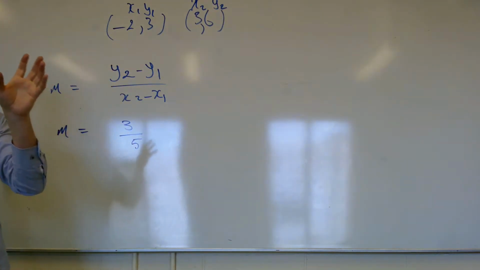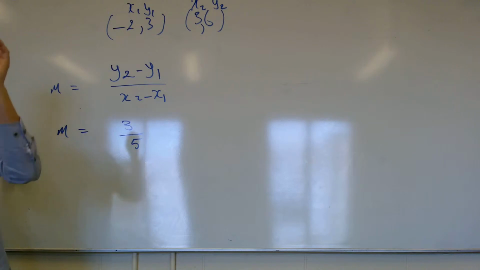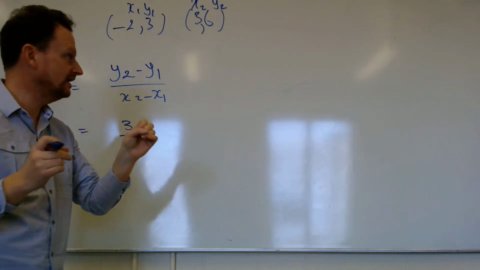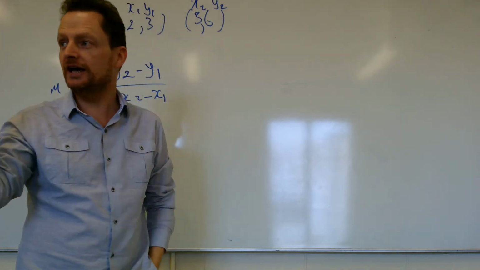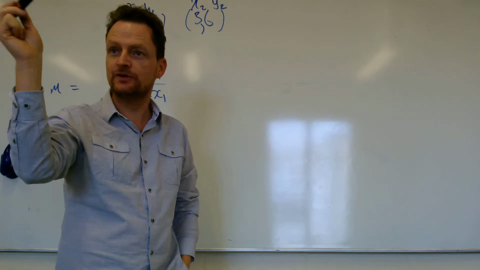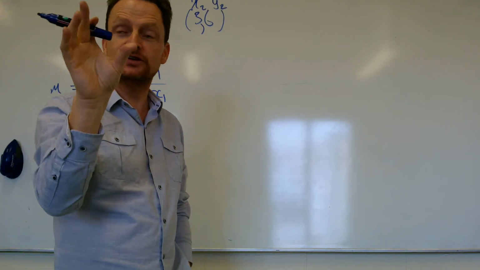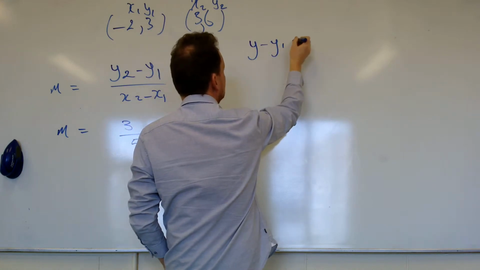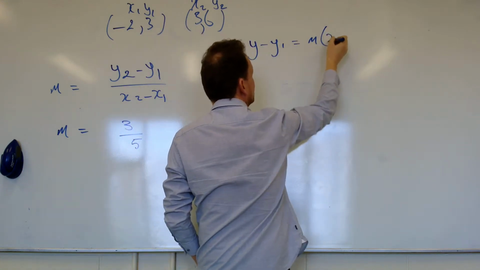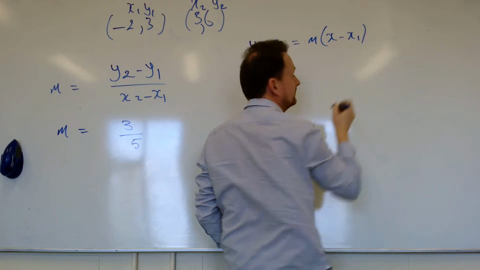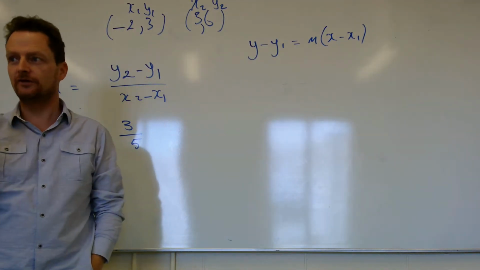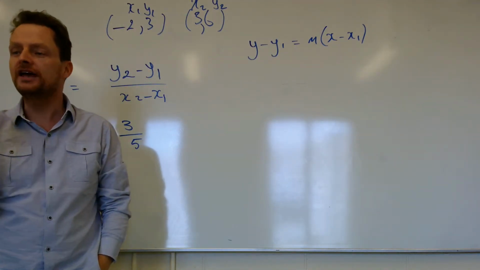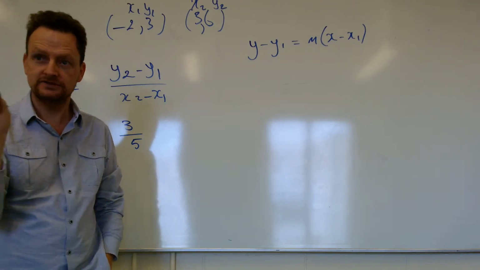I'm going to use a formula to give me the equation of the line, and I want you to write this formula every single time that you do this sum: y minus y1 equals m bracket x minus x1. That's the formula for the equation of a line. Write that down.